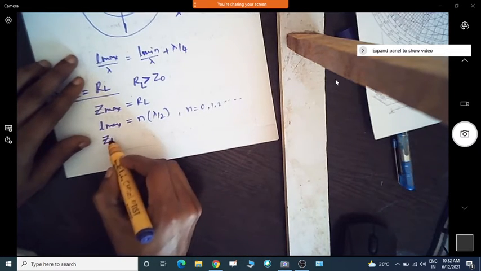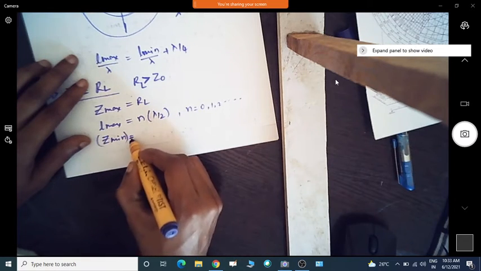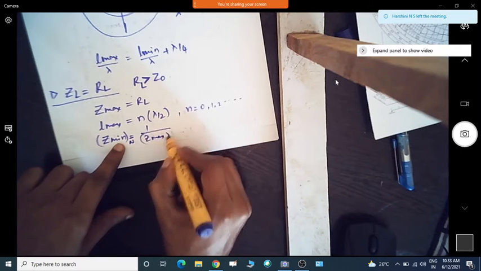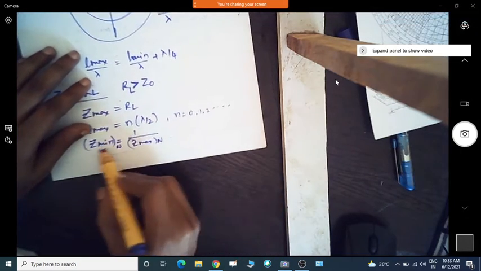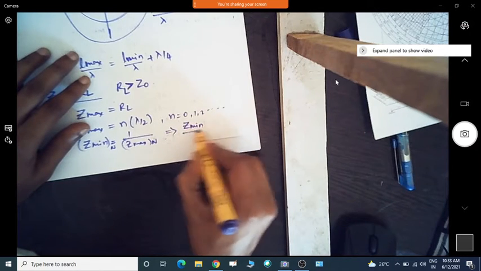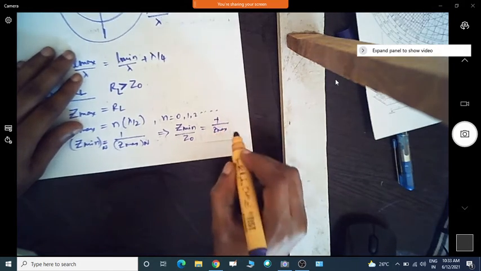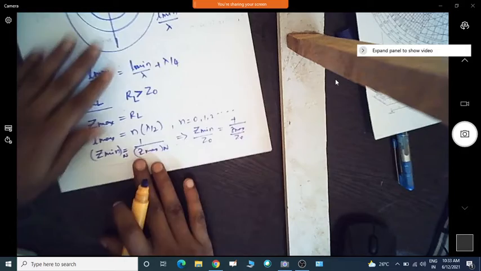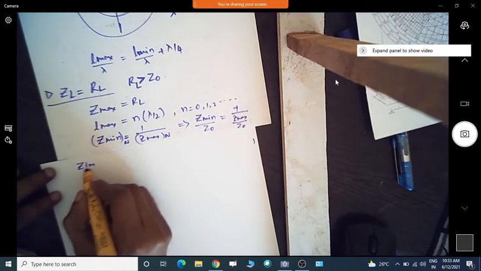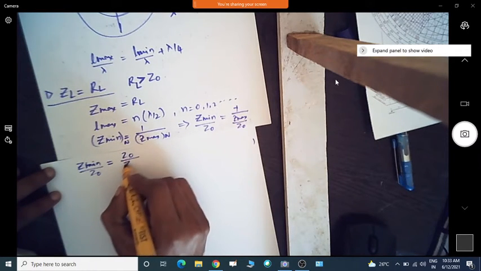Z minimum we can write as follows. We know the equation, Z minimum normalized is nothing but 1 over Z max normalized. So we can write Z minimum by Z0 equal to 1 over Z max divided by Z0, which is Z0 by Z max.